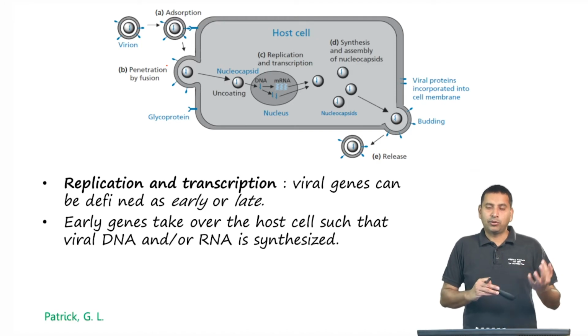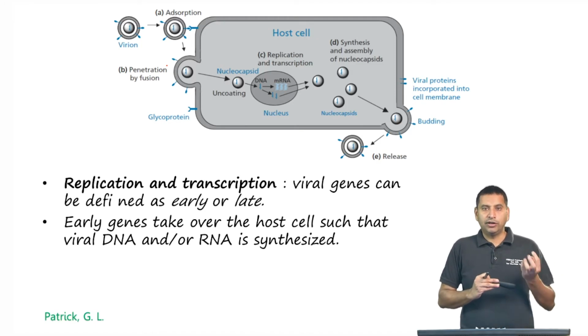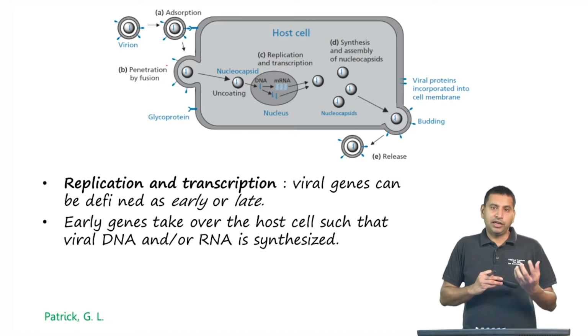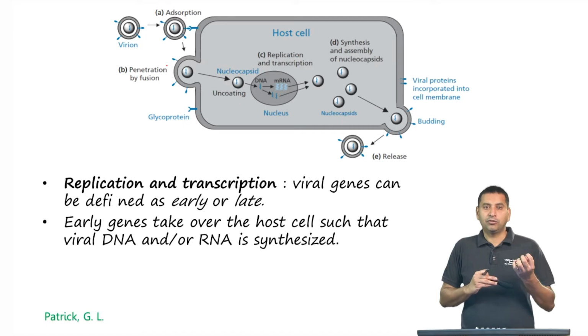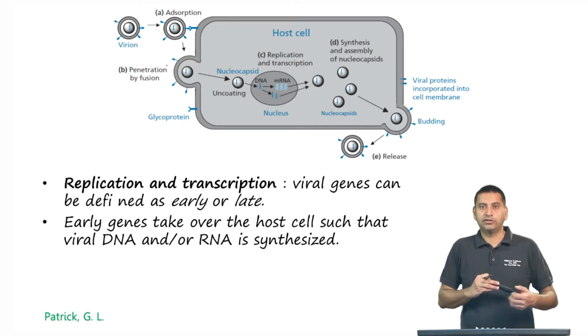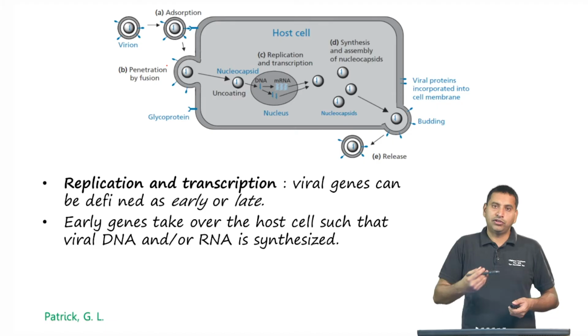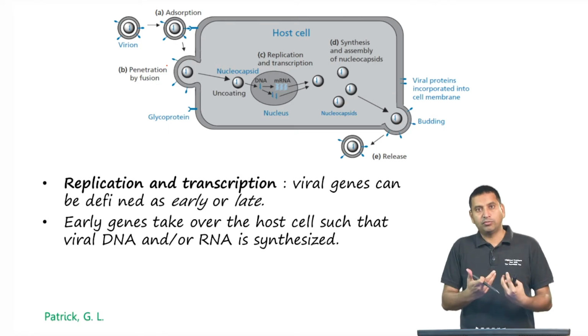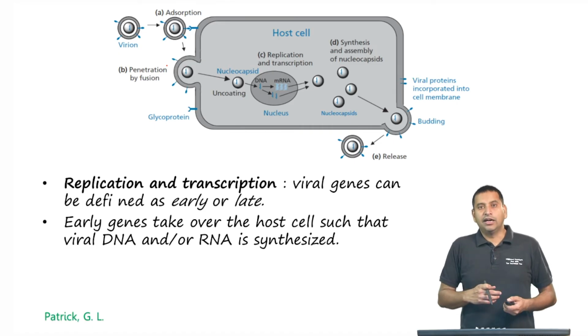Then comes the major process of replication and transcription. The viral genes can be defined in two stages: one is the early stage and the second one is the late stage. The early genes take over the host cell such that the viral DNA or RNA is synthesized. Here is the process in which the virus is going to use its machinery, incorporate itself into the host machinery, and replicate, and divide, and produce a larger number of viral particles.